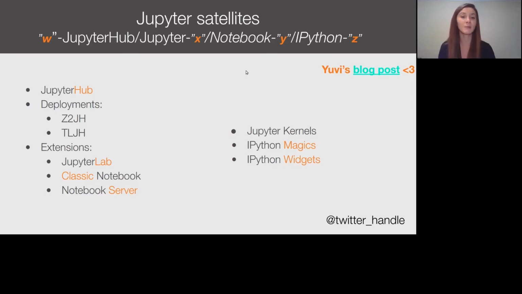These are extensible and customizable as well. There are kernels for over 100 languages already. Then IPython magics and widgets, also extensible. So this freedom of choice and extension that the projects of the Jupyter ecosystem offer makes what seems like everything possible.